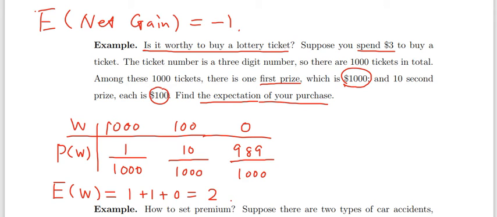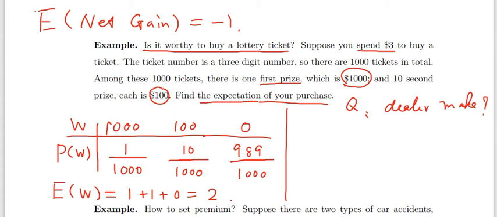So this -1 is the expectation, and we can also explain it this way. Let's check how much money the dealer can make from this lottery.